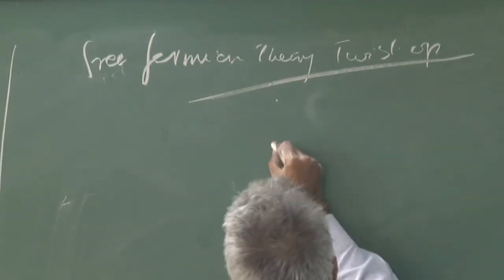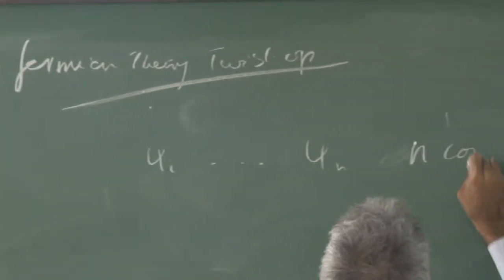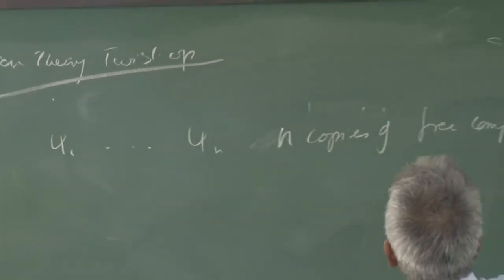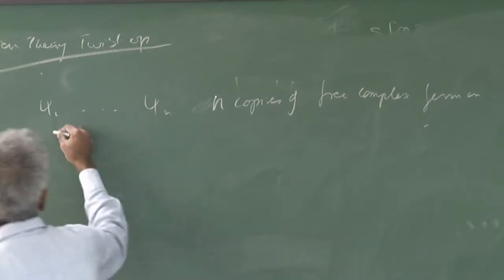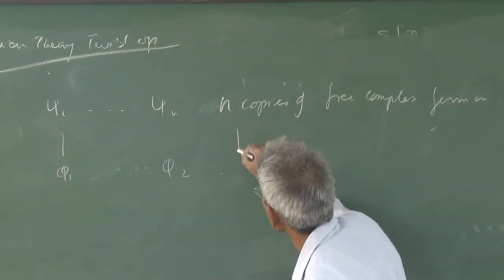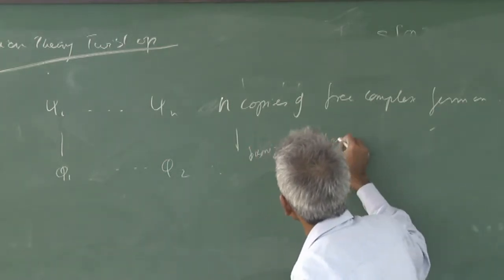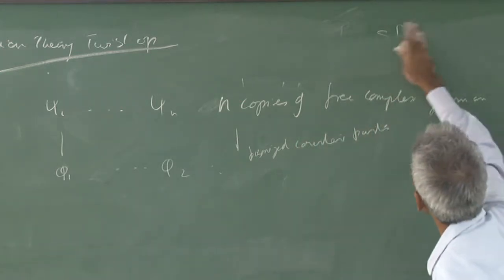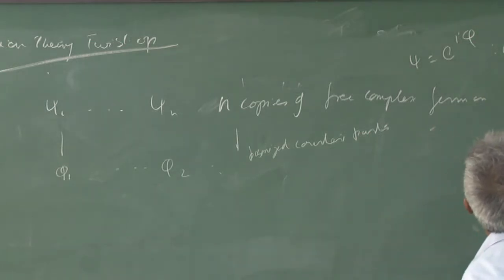So you have these n copies of free complex fermions, and you can bosonize them, phi 1, the bosonized counterparts. Basically, bosonized means psi is e to the i phi, psi bar is e to the minus i phi, and so on.